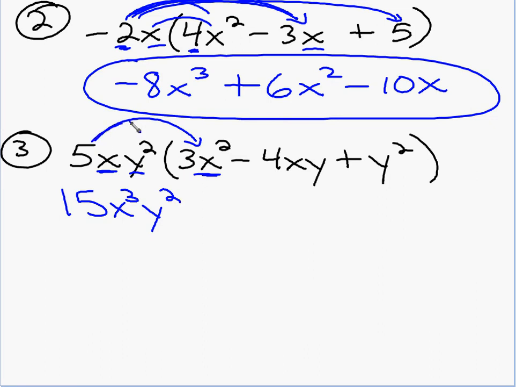Then I need to multiply by the middle term. Well, it's a positive times a negative, so that'll be a negative. What's 5 times 4? 20. Then I need to multiply x by x. What's x times x? X squared. And then I need to multiply y squared times y. Y to the third, or y cubed.